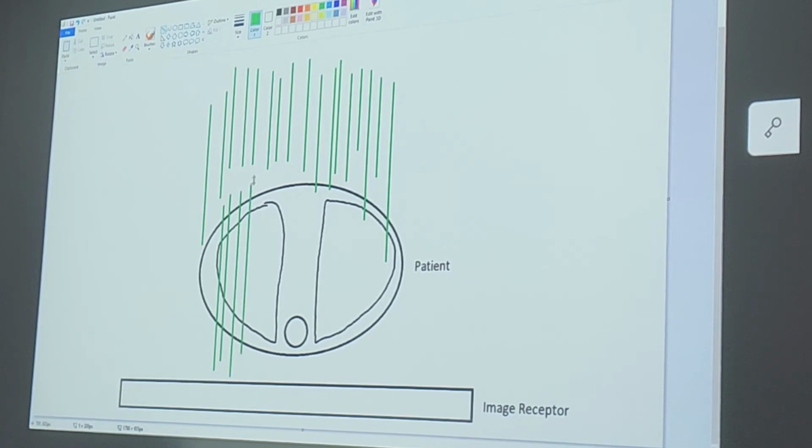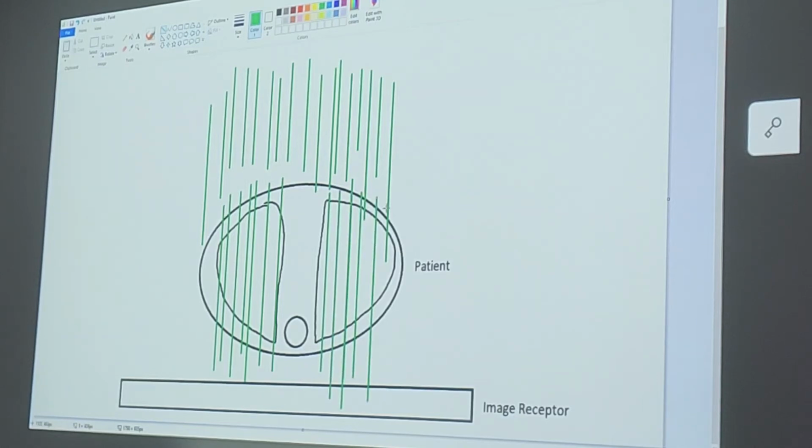Okay, over here, lungs. Will this area have high absorption? No, x-rays are going to pass through these lungs. Alright. And so when these x-rays hit the IR, this part is going to get dark. We're going to darken up this part of the IR. This is all the area that's being hit.